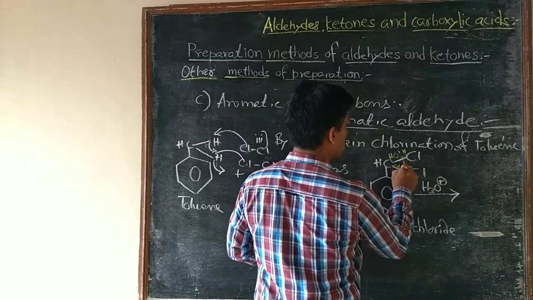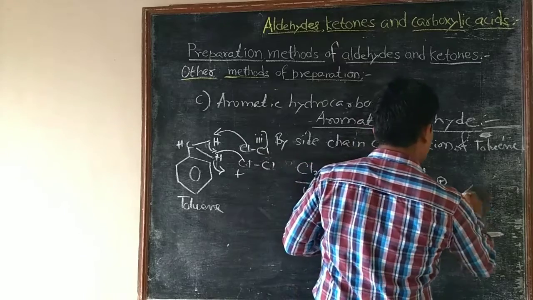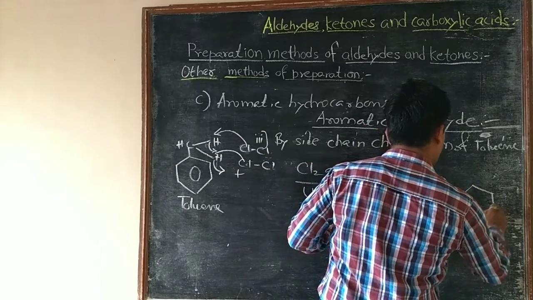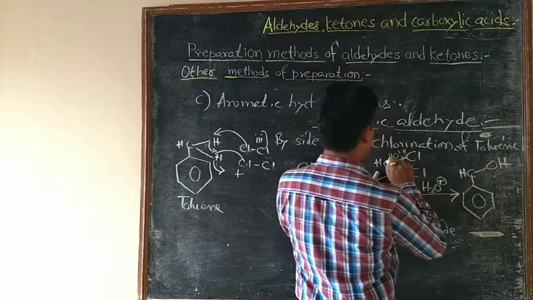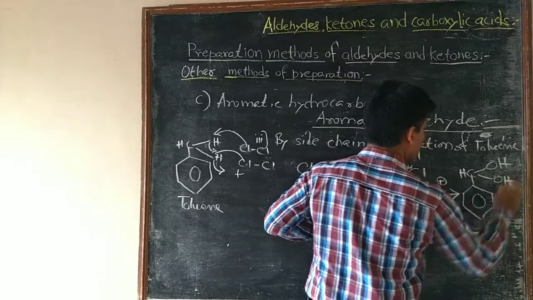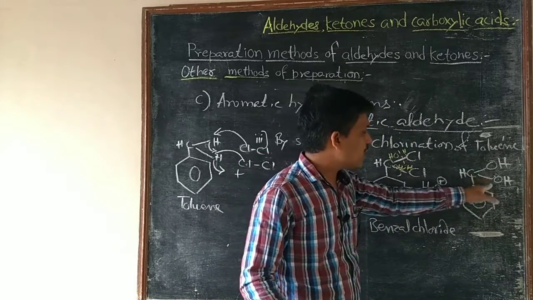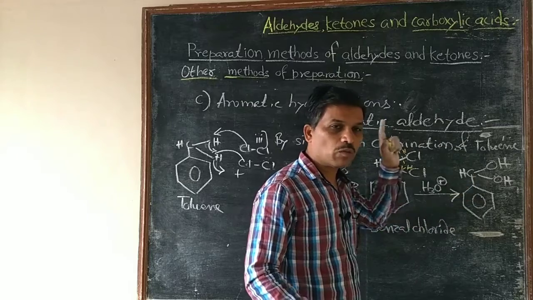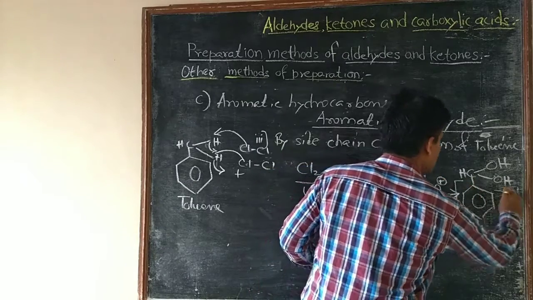Same in the other case, to form an intermediate compound, that is carbon OH, carbon OH. When two hydroxyl groups are present on the same carbon atom, that molecule is unstable. Therefore, this molecule is unstable.